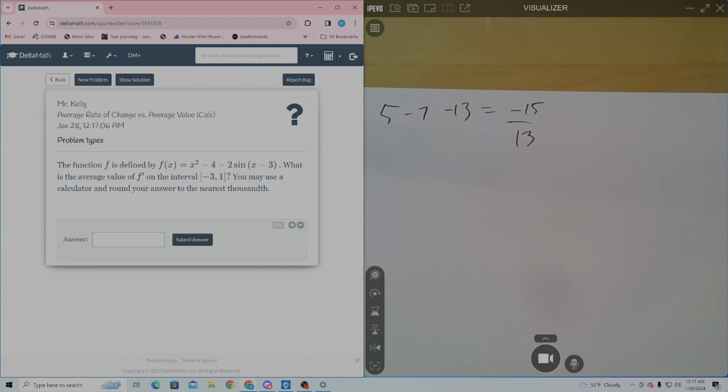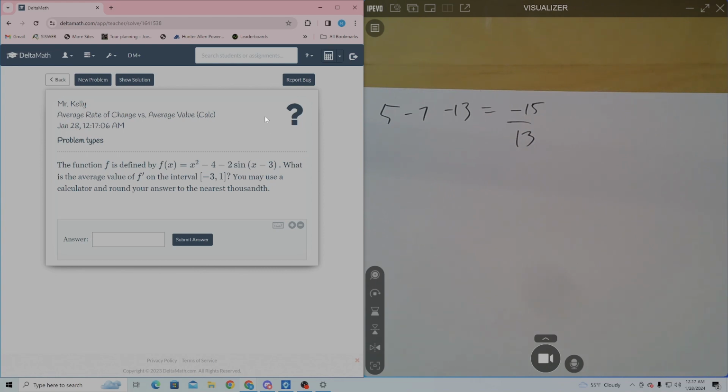This one's worth doing. Some of these are kind of tricky. The function f is defined by f of x is x squared minus 4 minus 2 and so on. What is the average value of f prime?